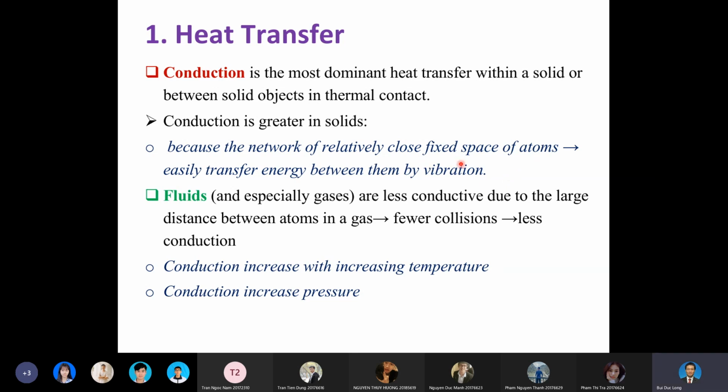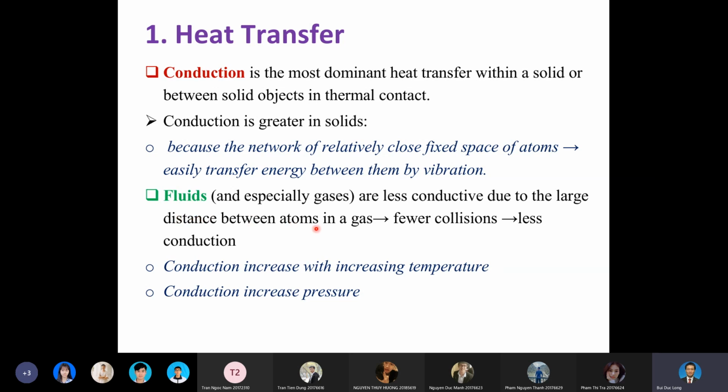That is only one reason. We have more reasons. For gases or liquids, conduction is less because of the large distance between the atoms, as I mentioned.